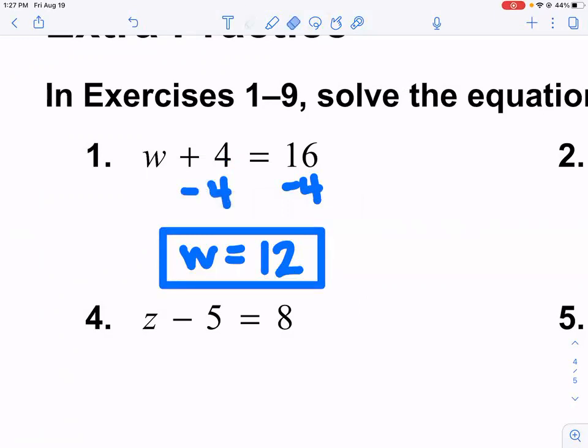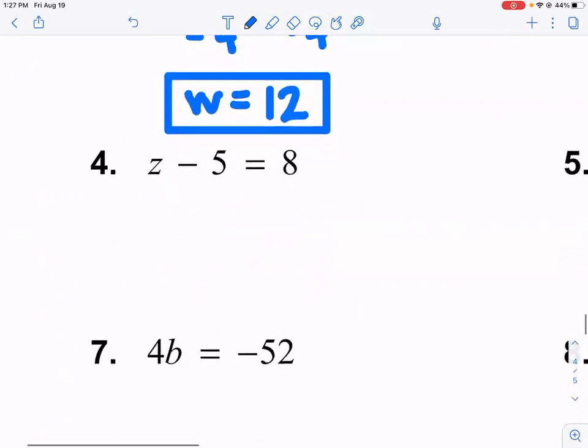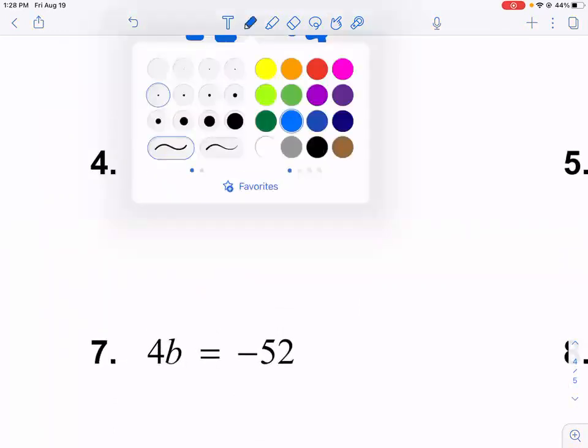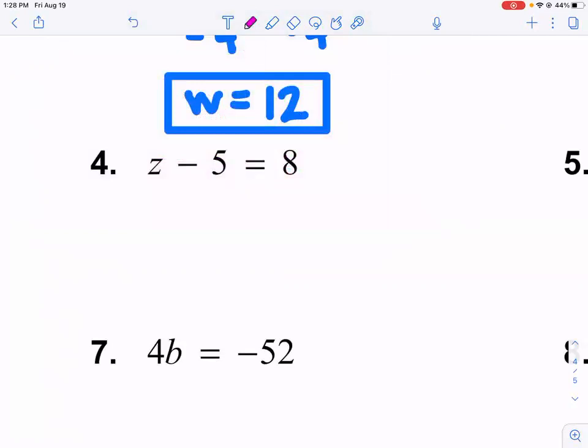Let's check our answer. Holden, is 12 plus 4 equal to 16? I love it. Okay, thank you. Number 4, Colin, what is our first move? Add 5 to both sides. Okay, we want to add 5 to both sides. Kane, why is he saying that that should be what we do?